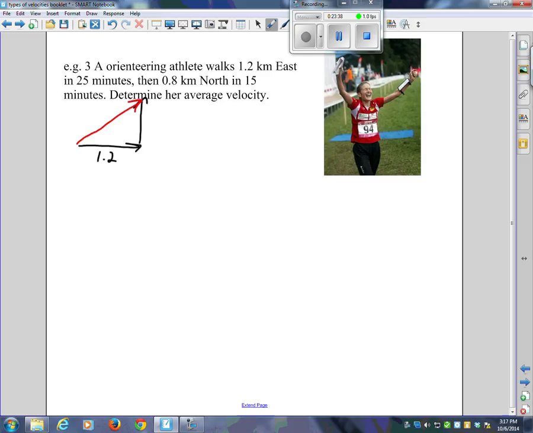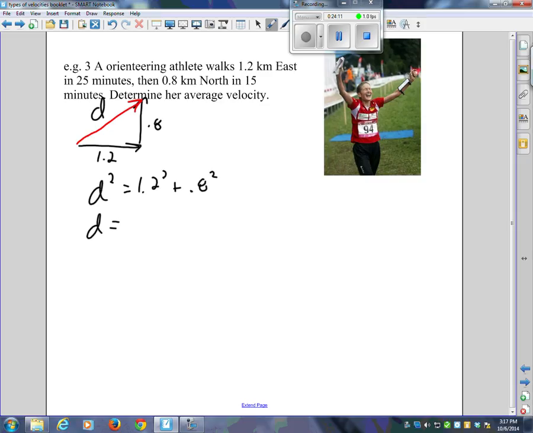So you have to do what? 1.2 and 0.8. The total displacement, my friends, is not 2. This person walked 2 kilometers, but their overall displacement is d squared equals 1.2 squared plus 0.8 squared, and then you figure out your value for displacement.